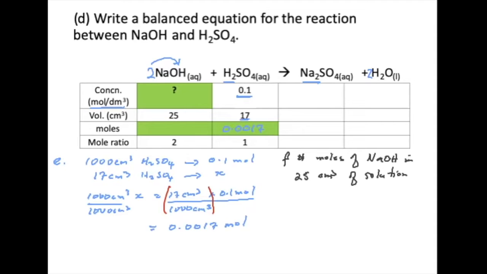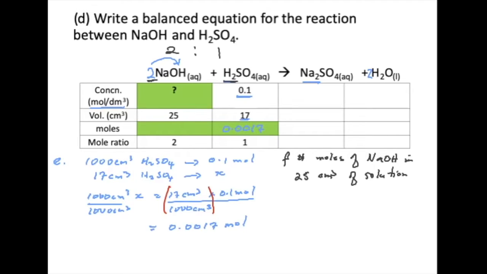This is where we will look at the mole ratio. The mole ratio of the acid to the base is 1 to 2. So it means that twice the number of moles of the acid is present in the volume of the base that was used, because sodium hydroxide to sulfuric acid is a 2 to 1 mole ratio.